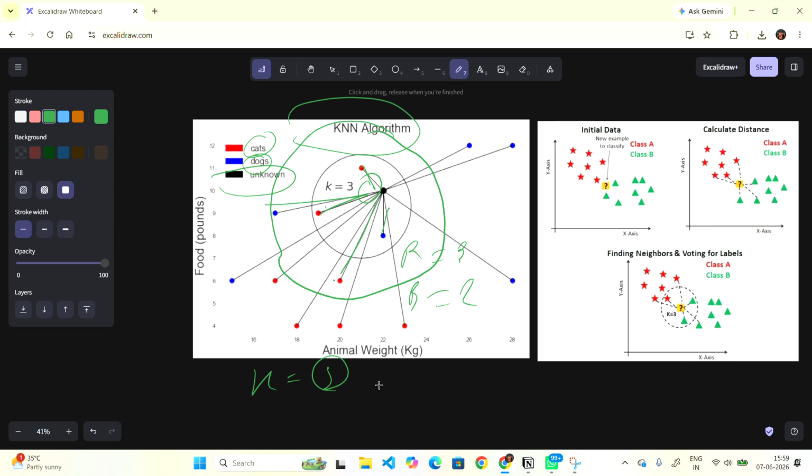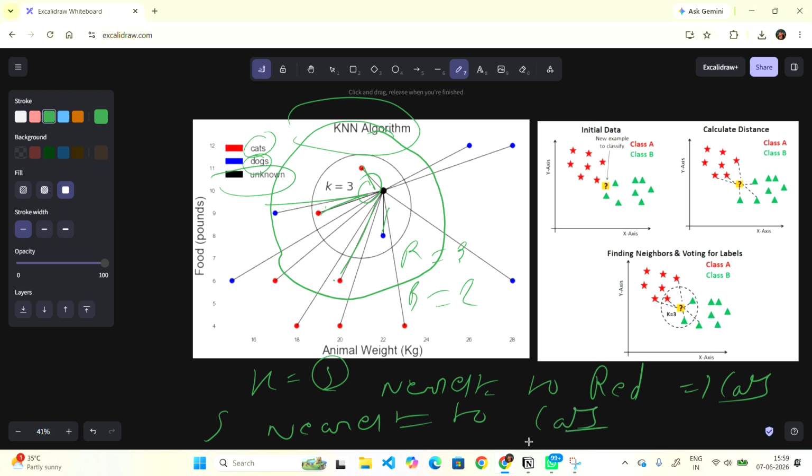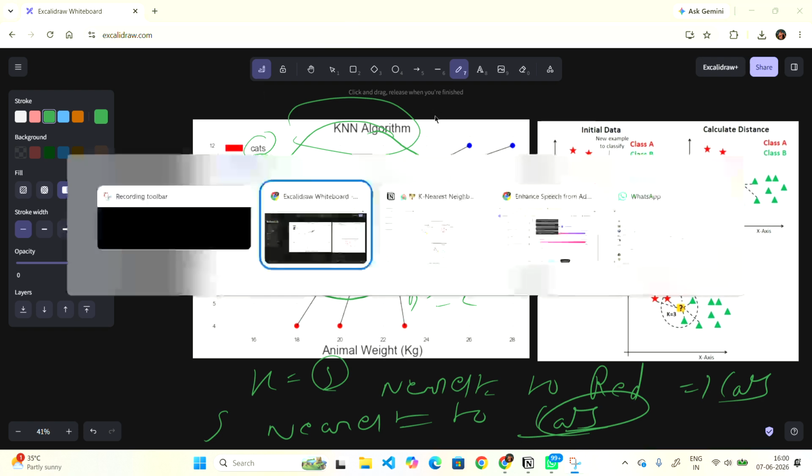Total 5, right? Nearest to red. Red is cat. So with 5, it is nearest to cat. My outcome is cat. So this is what we are doing in the KNN algorithm.